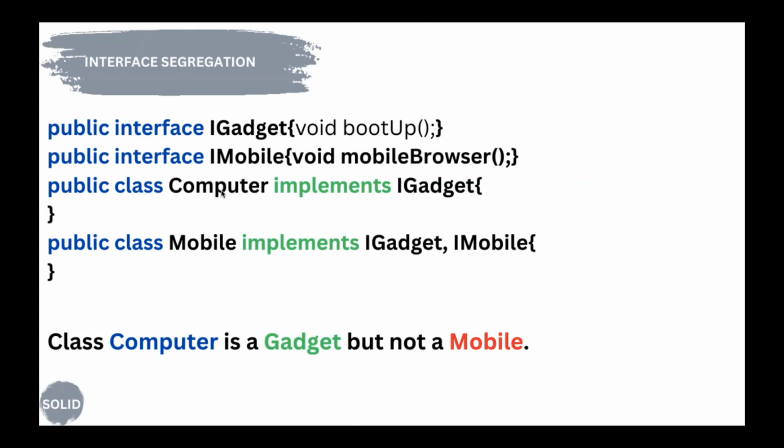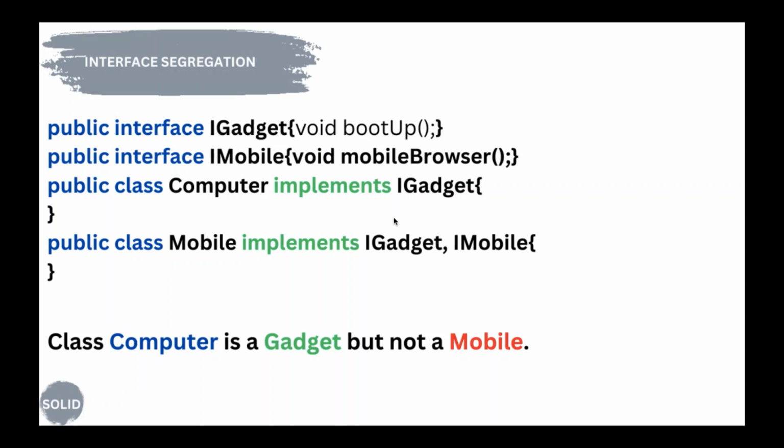A computer is a gadget, but it's not a mobile, that we know. And a mobile is a gadget, and of course it is a mobile. I should have used phone or something here, but just to show the differences: a computer is a gadget and a mobile is a gadget, but a computer is not a mobile, so it cannot implement IMobile. It can only implement IGadget, and that's it.